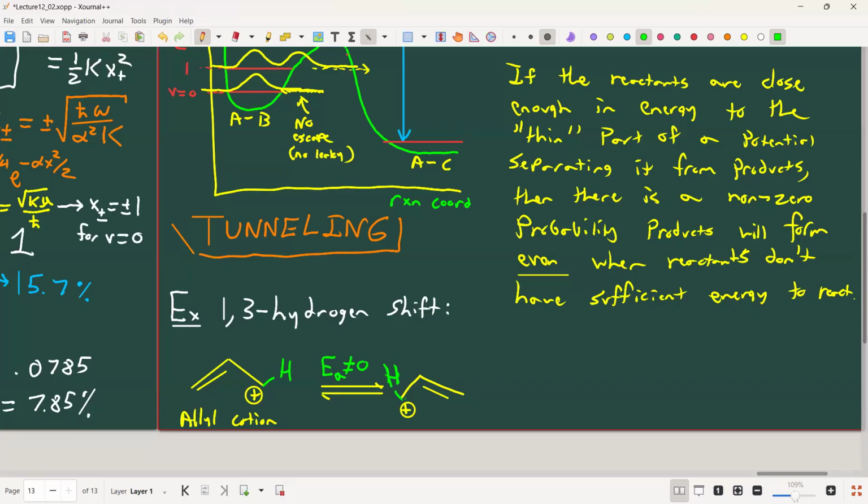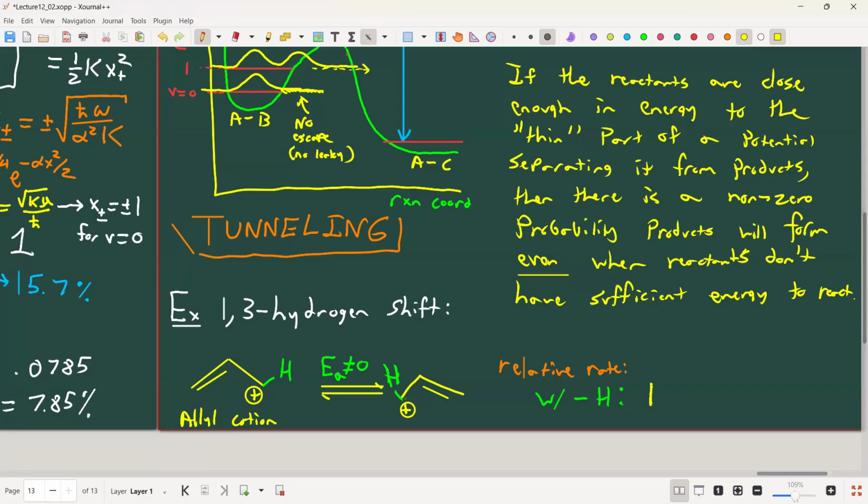Okay. And you go measure the relative rate where you have the H atom there, and you find that the rate is 1.